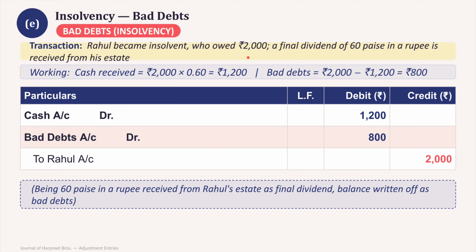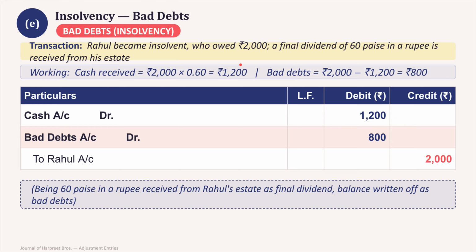He owed us 2,000, but he can pay a final dividend of 60 paise in a rupee, which means 60% of the amount alone he is able to pay. So 0.60 is nothing but 60 divided by 100, 60%. So 1,200 alone he is able to pay.